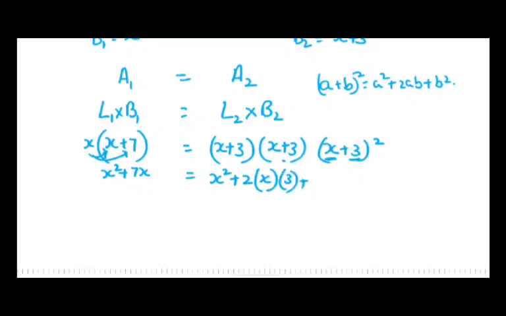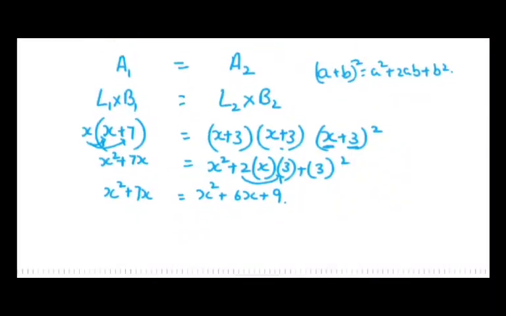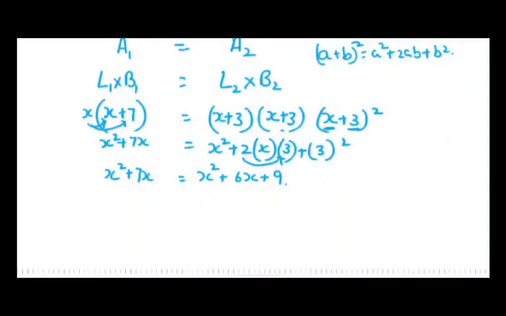Which is 3. And b square is nothing but 3 square. x square plus 7x is equal to x square plus 2 into 3, 6x plus 3 3s are 9. Correct? Now let me bring all the x and their degrees to the LHS. So x square, this is the one that I've written.